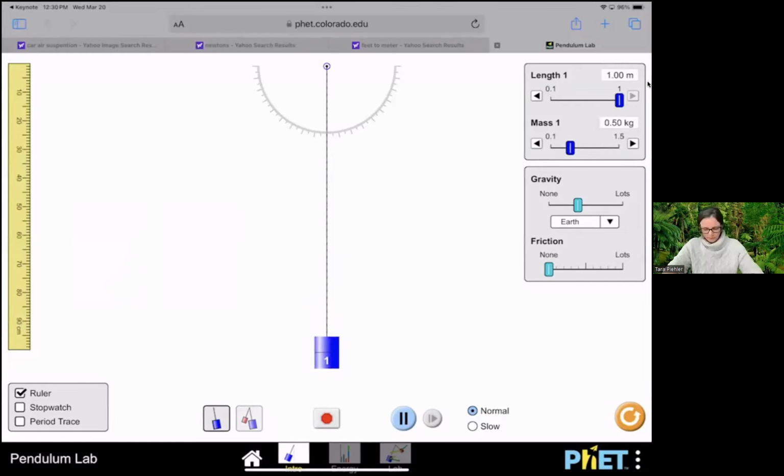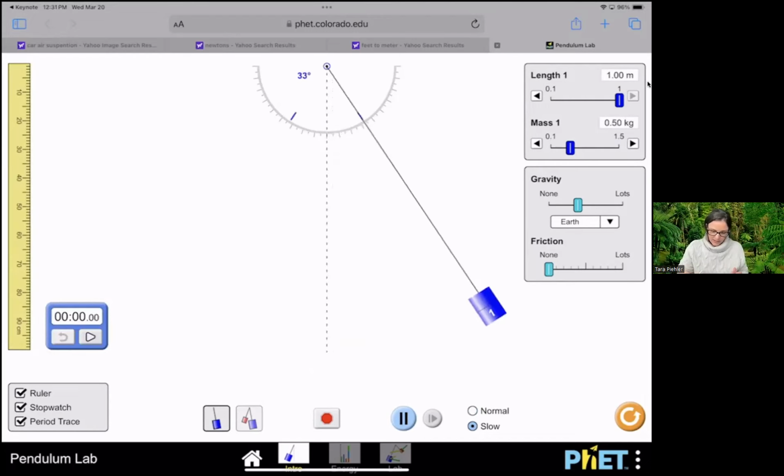All right, our gravity is going to be Earth. We'll put in our period trace, our stopwatch. Now there's going to be operator error here because I'm pressing a play button. I'm going to put it on slow, but essentially there and back should be 2 seconds.